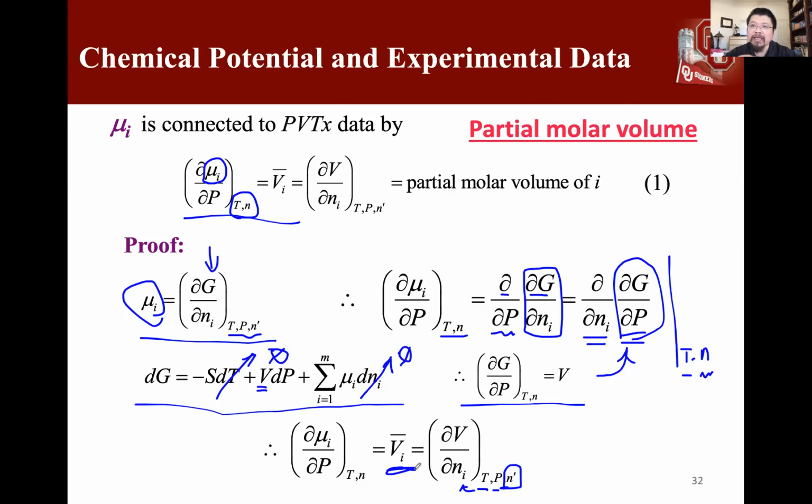If I add a little bit of extra water, the newly added liquid water will also vaporize, split into vapor and liquid, and join the old system. But I can measure the volume change as a function of the newly added moles of water. So basically, the partial molar volume we can measure in the lab.